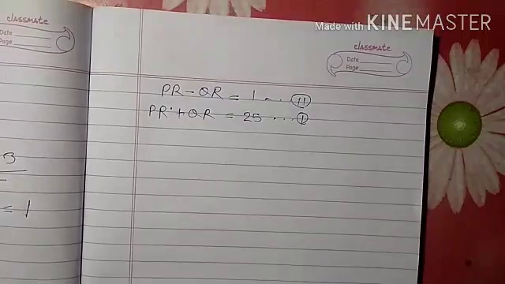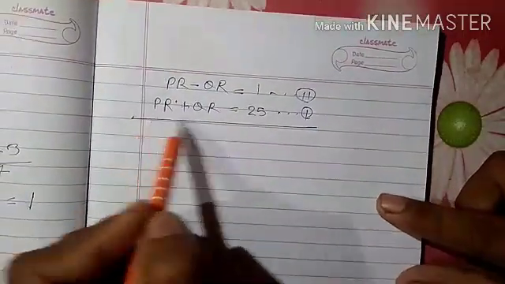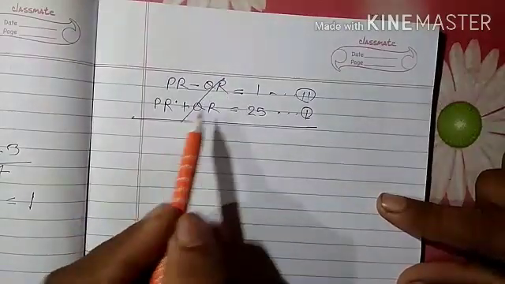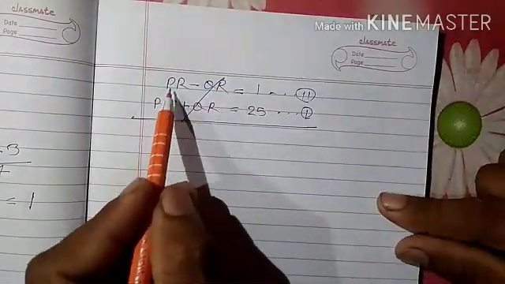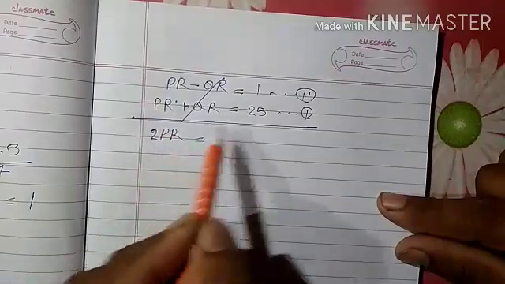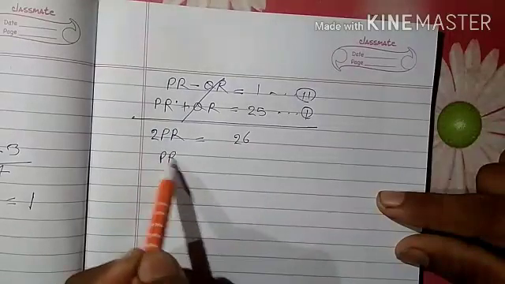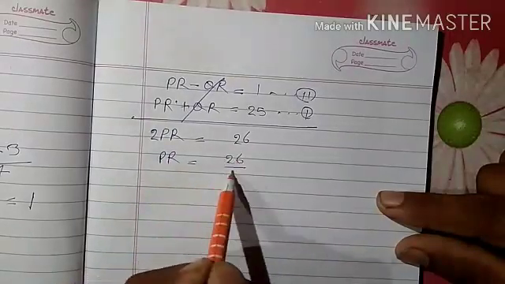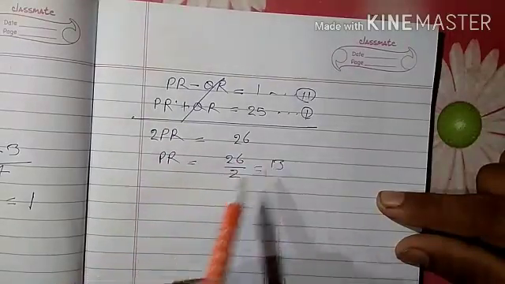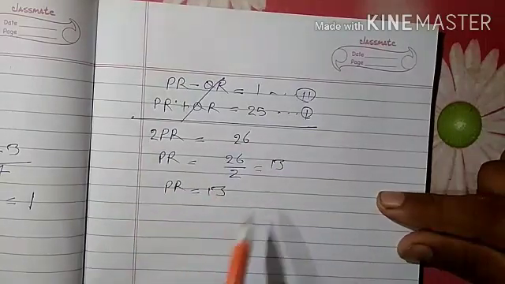So we add both equations, so QR cancels out. So PR plus PR, that is 2PR, is equal to 1 plus 25, that is 26. So PR is equal to 26 divided by 2, that is 13. So PR is equal to 13.